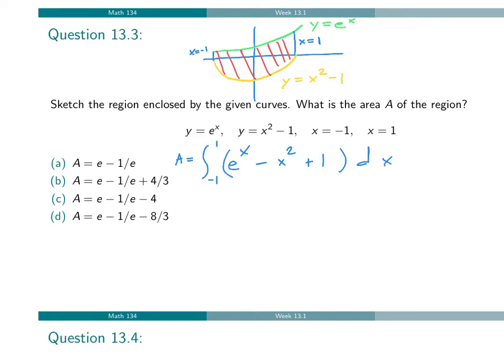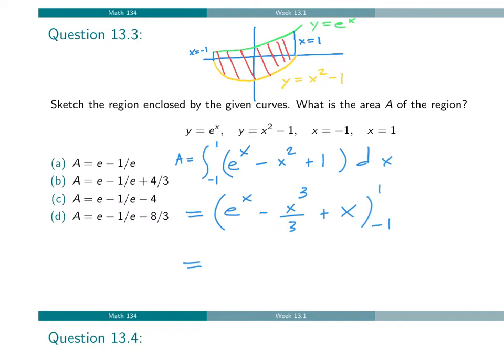And we just need to take our antiderivative and figure this out. So antiderivative of e to the power x is e to the power x, and then x squared's antiderivative is x to the power 3 over 3, and then antiderivative of 1 is x. So we get to evaluate all of this from -1 to 1.